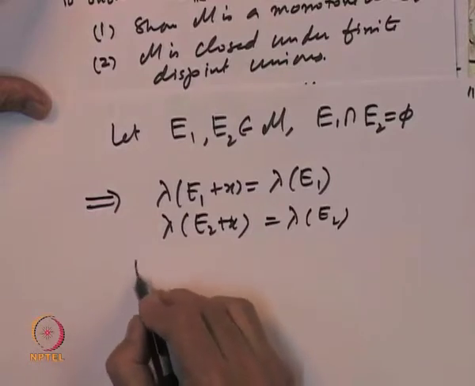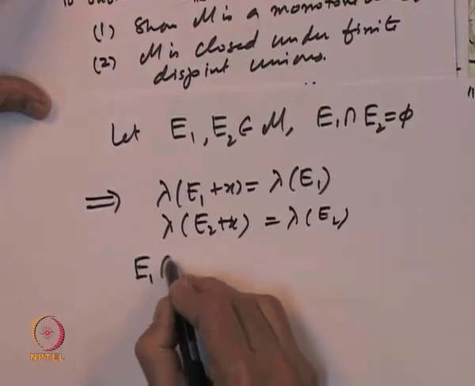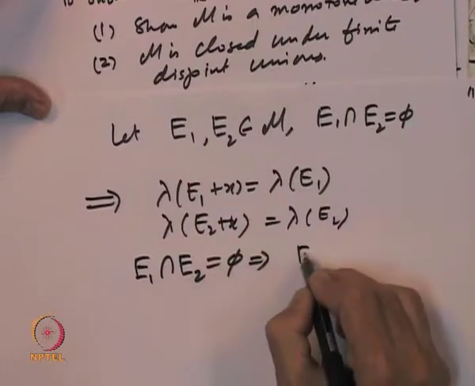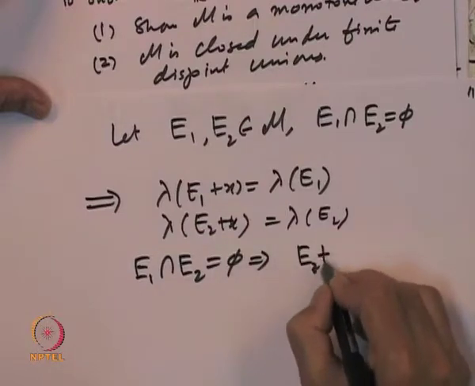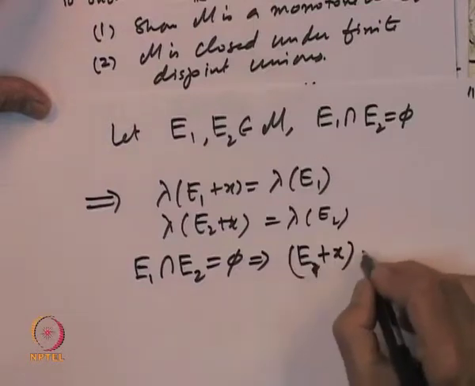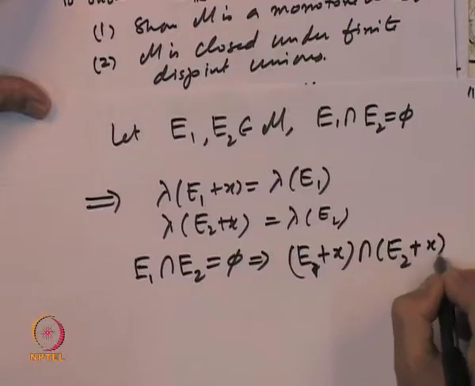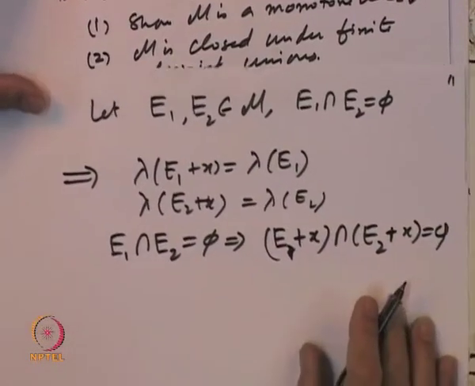Now, E 1 and E 2 disjoint implies that the translates of E 1 and the translate of E 2 are also disjoint. So, that is a simple thing to observe.